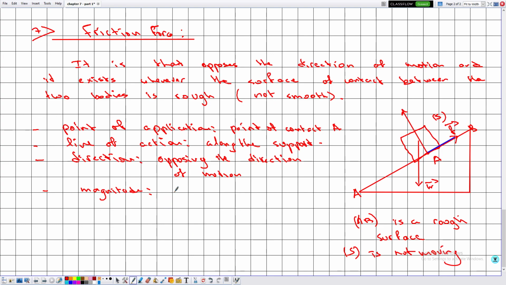And the magnitude of this force is given by, so suppose that F is equal to Fx i plus Fy j. So simply we drop down the vector and the magnitude of F is given by the square root of Fx squared plus Fy squared.